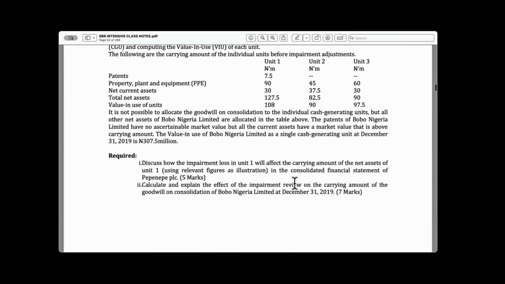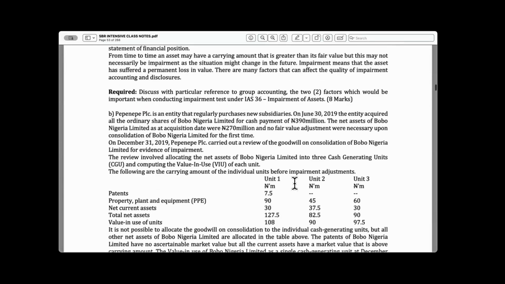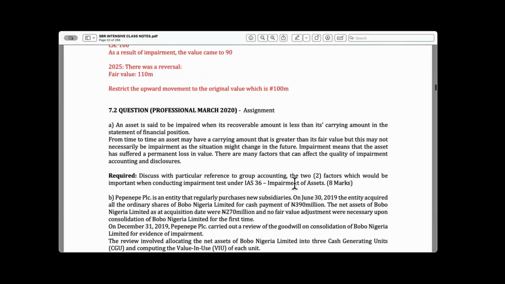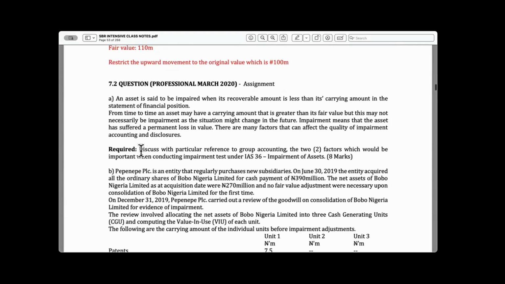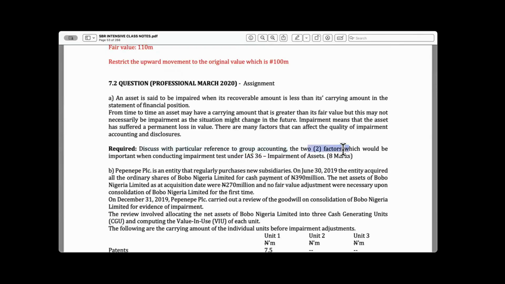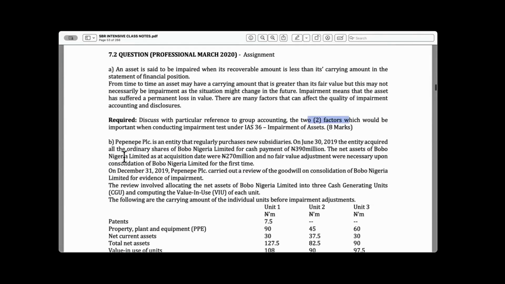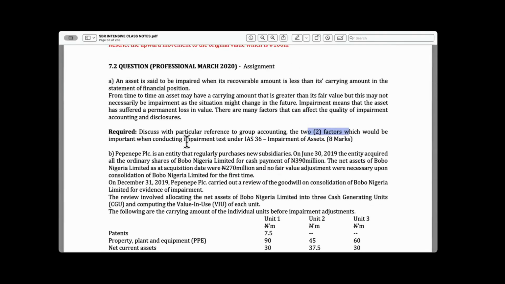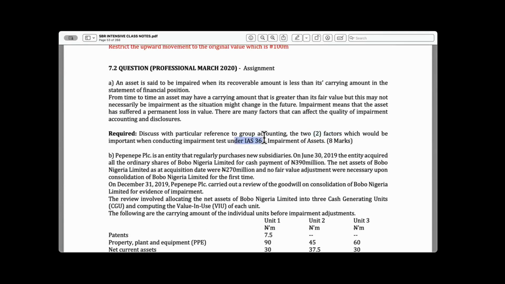And there's this other one on impairment as well that says, discuss with particular reference to group accounts the two factors which would be important when conducting impairment test under IAS 36. Now, again, the two factors are carrying amount and recoverable amount.